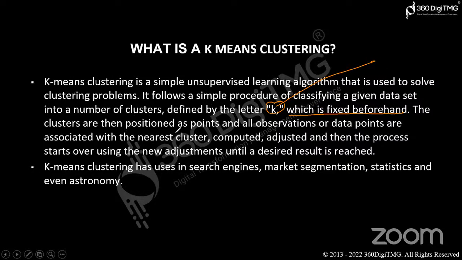The clusters are then positioned as points, and all observation data points are associated with the nearest cluster. They are computed, adjusted, and then the process starts over using the new adjustment until a desired result is reached. K-means clustering has uses in search engines, market segmentation, statistics, and even estimation.